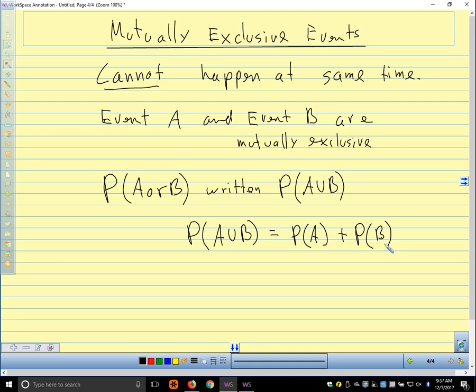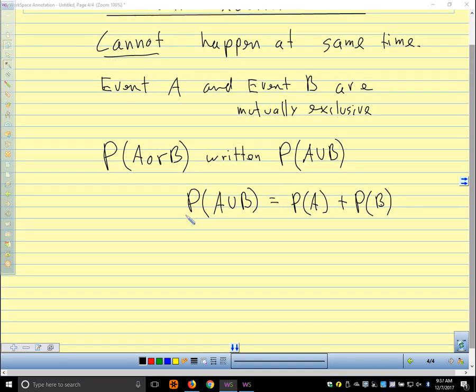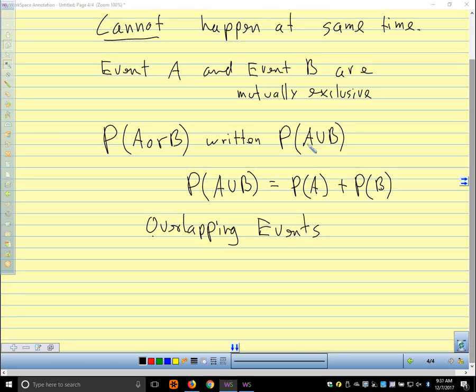But sometimes you have events that overlap in some places. They share outcomes. So those we call overlapping events. An example of an overlapping event is, say you want to find the probability of drawing a king or a heart.